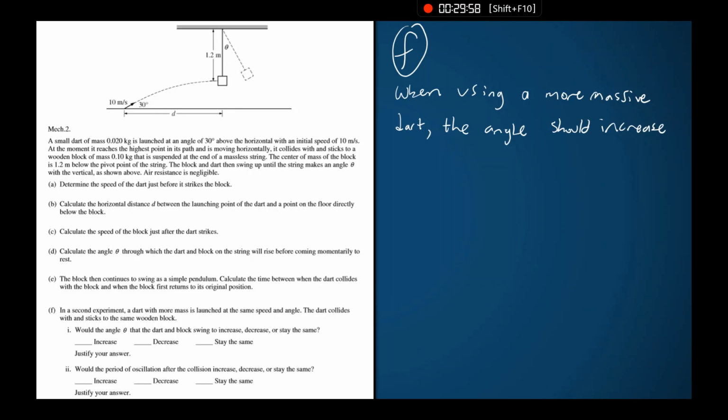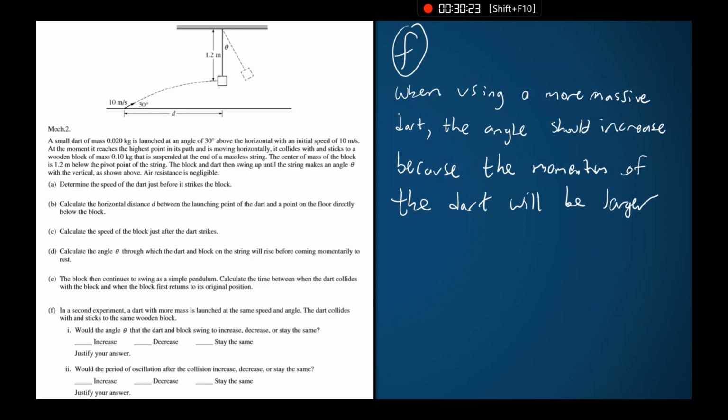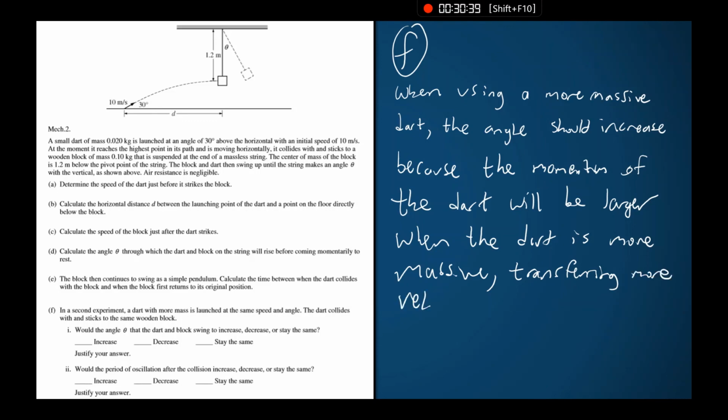Okay, so when using a more massive dart, the angle should increase because the momentum of a more massive dart is larger, transferring more velocity after the collision.